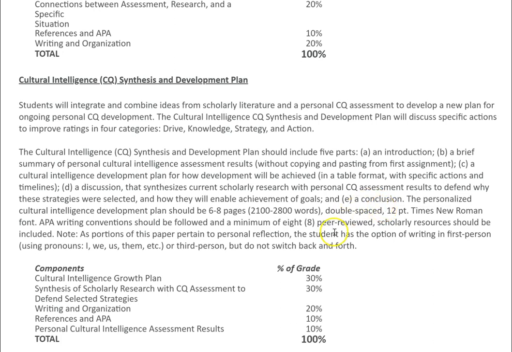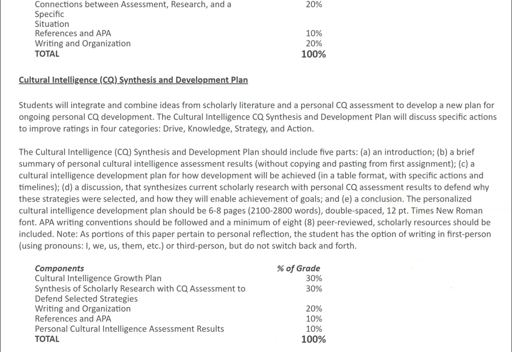And of course, we are looking for 6 to 8 pages of content, not including your cover page or your reference pages. Double spaced, and your references, by the way, should be double spaced and reverse indented. Take a look at the samples I provided in the APA videos. It should be Times New Roman font and 12 points. Your margins, of course, are 1 inch.